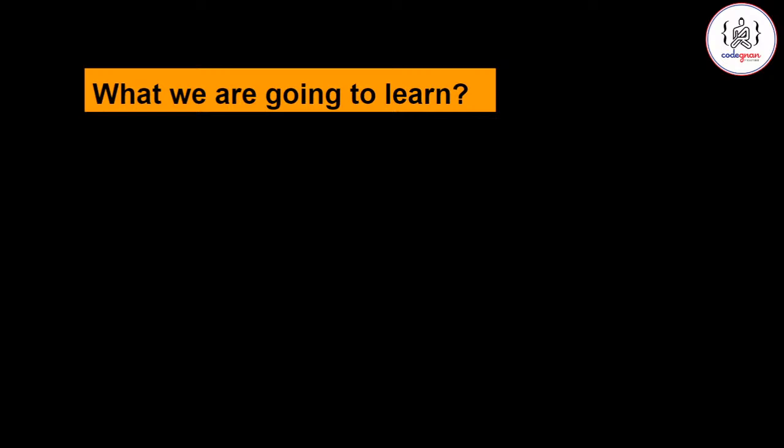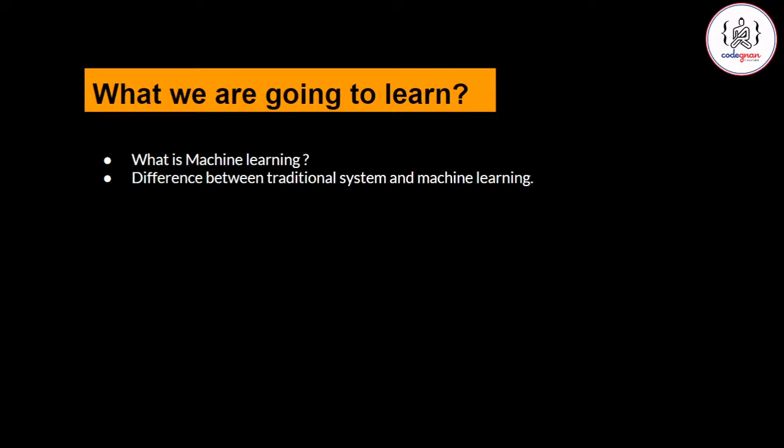So this is what we are going to learn today. First of all, we will see what is machine learning. Then we will talk about the traditional system and machine learning. Then we will see what are the different types of machine learning, and then we will talk about the workflow of machine learning projects.